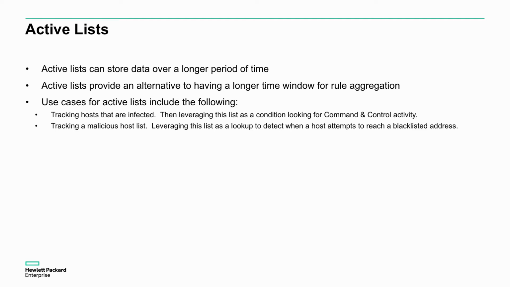In this example, as a search, for example, we don't need to go back through that data because it's already there in a list. We need to think about how we want to track this, but an active list is an incredibly powerful way of having that data, parking it in a small list, a small construct, think of it as a small table, and having that referred to as part of correlation rules, as part of dashboards, even part of reports at a later point as well.